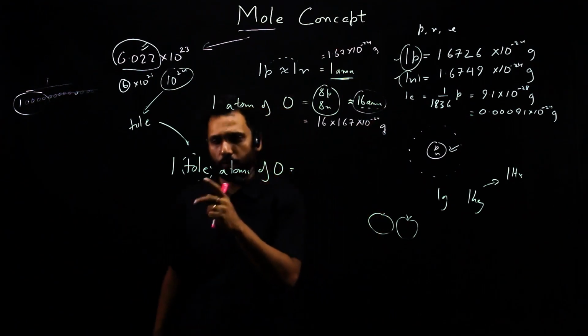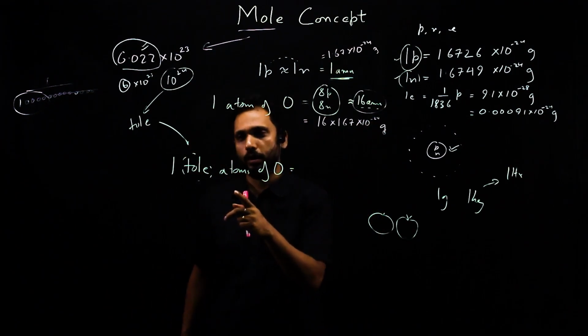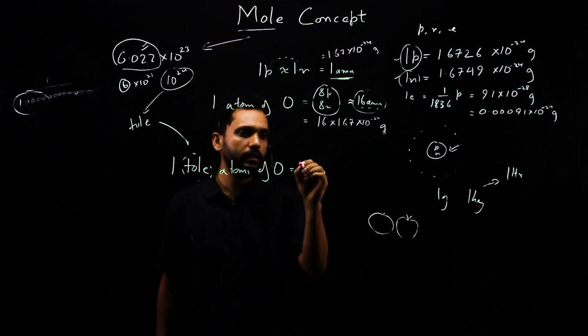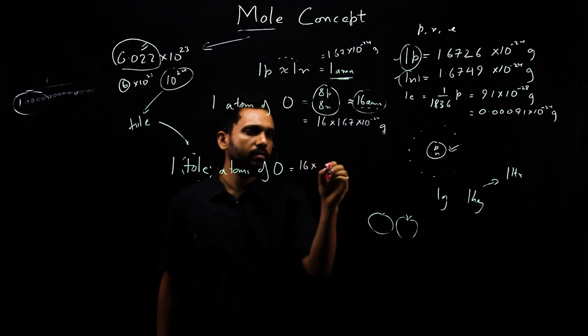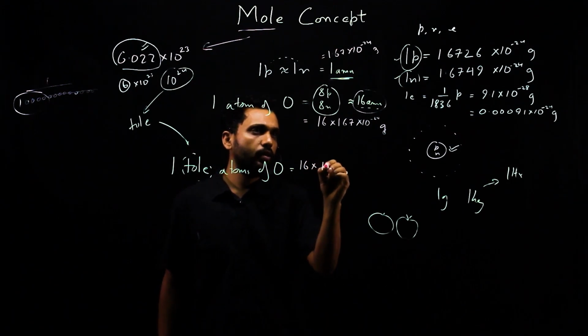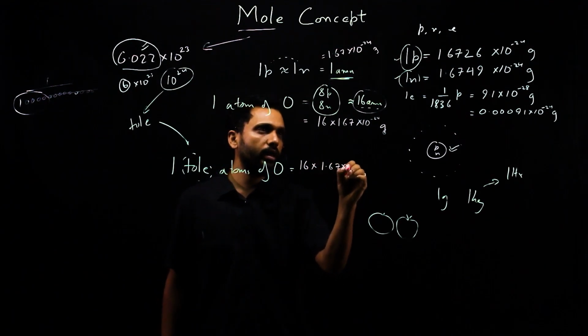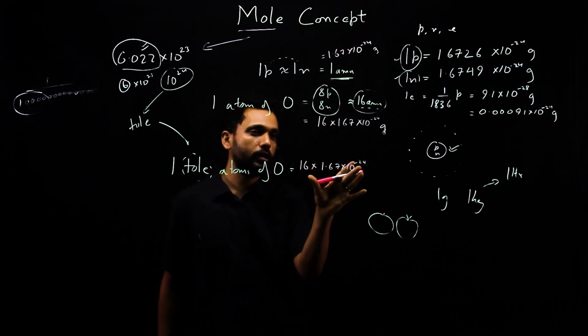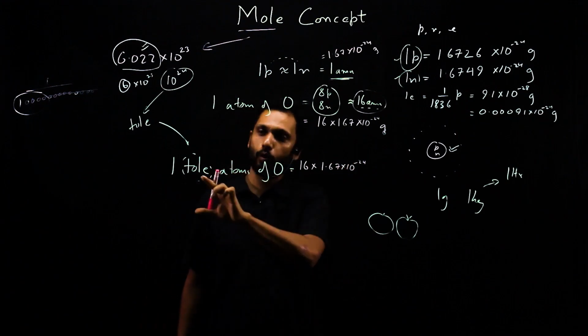So now if I have one toll of the atoms, let's see what's the actual weight in grams. The actual weight in grams would be 16 into 1.67 into 10 power minus 24. That's the actual weight of the atom of oxygen in grams and a toll of it.